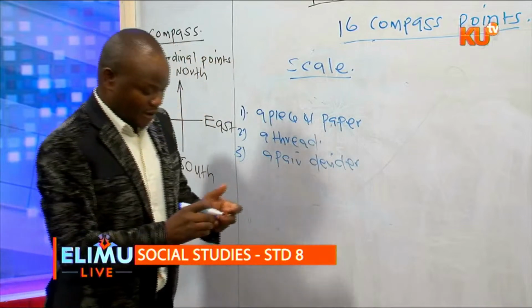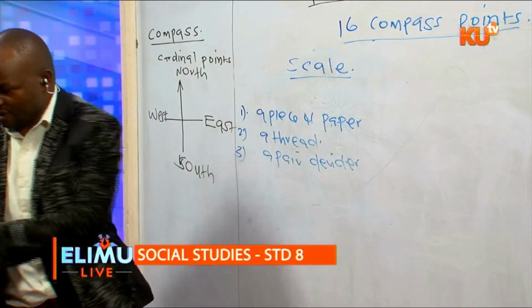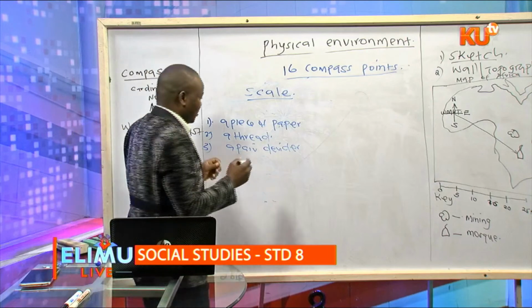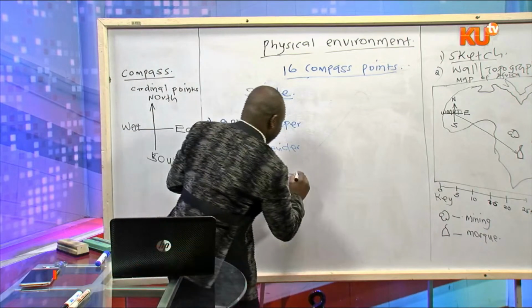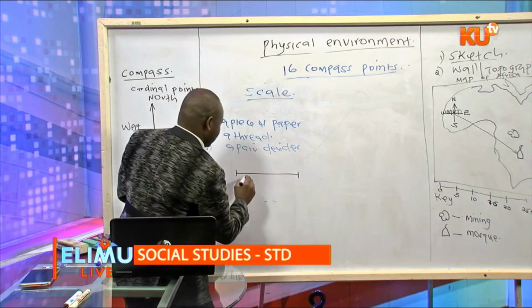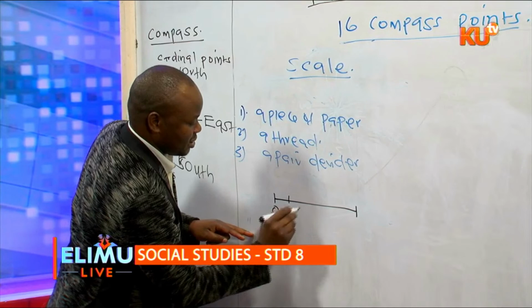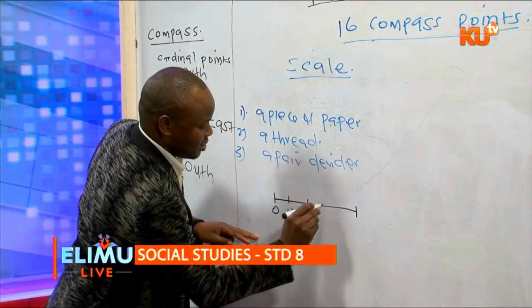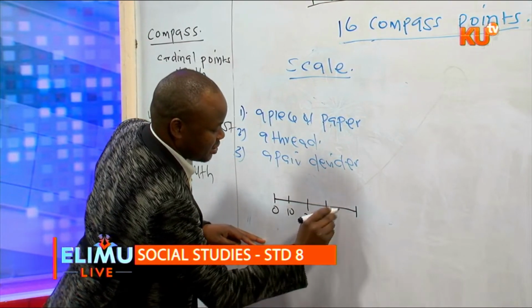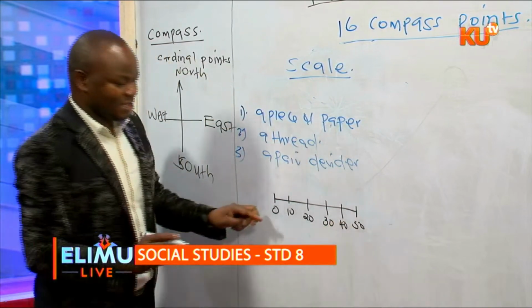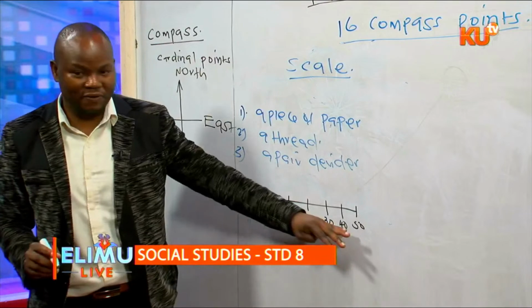For example, you are going to have this. When this one is the scale, it ranges from 0, then 10, then we have 20, then we have 30, then we have 40, then we have 50. So that is the scale that ranges from 0 up to 50.